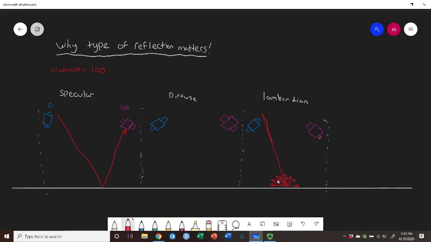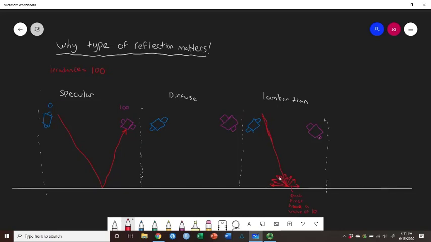That means that each one of these pieces would have a value of 10.